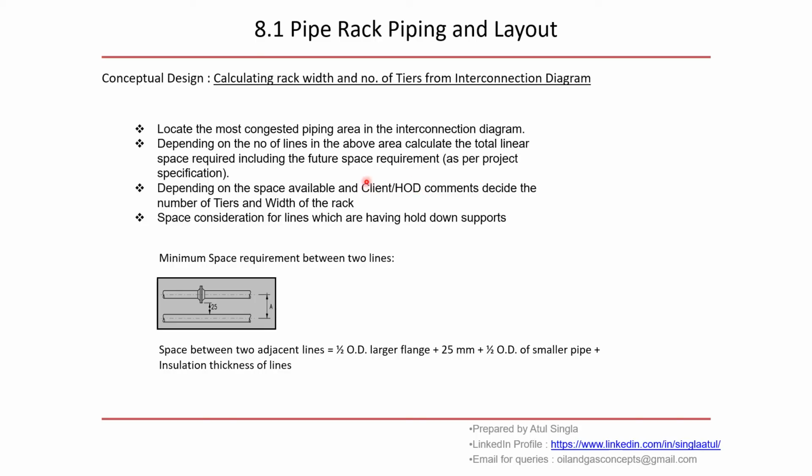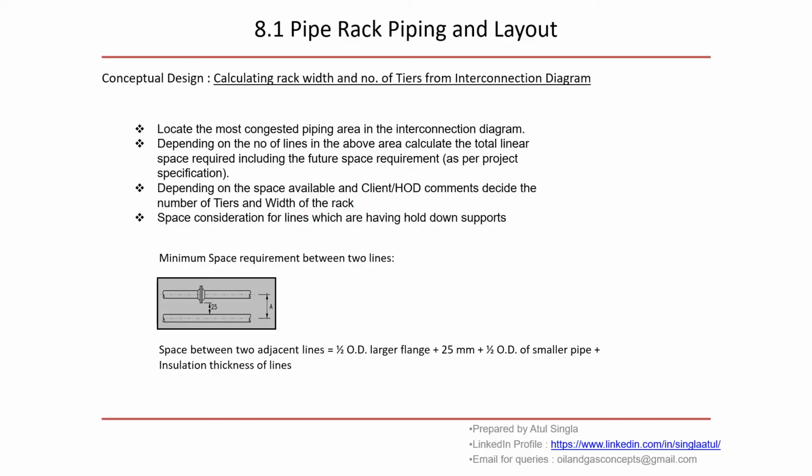That's why I was telling you, this is a very conceptual thing where so many stakeholders are involved. This width and number of tiers will be decided after discussion with the client and HOD. Decide the number of tiers and width of rack.